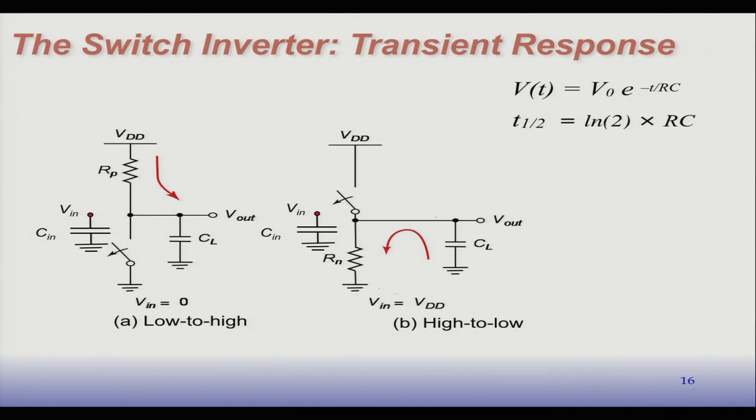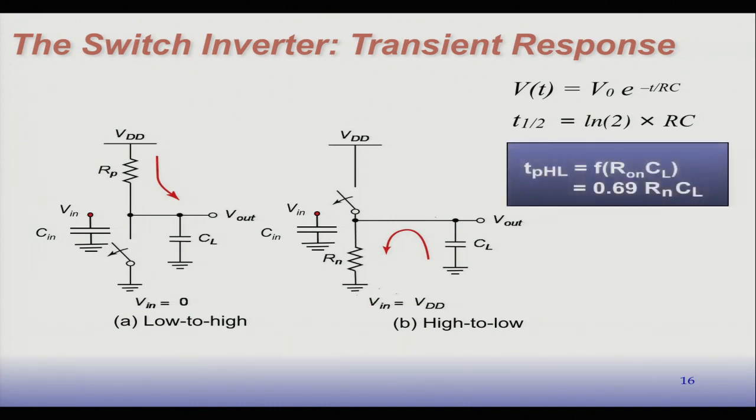So we know that the delay of the circuit to get to halfway will be 0.69 times RC. And we'll do more of that next time and look at it for some other logic gates as well. So we call that the delay high to low. In this case it is 0.69 times R times C.